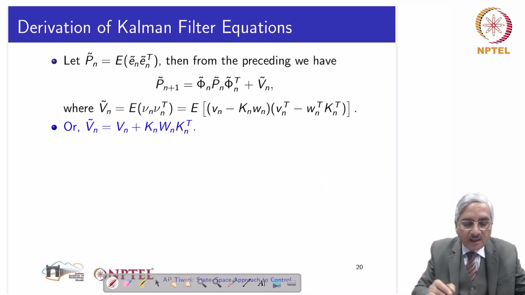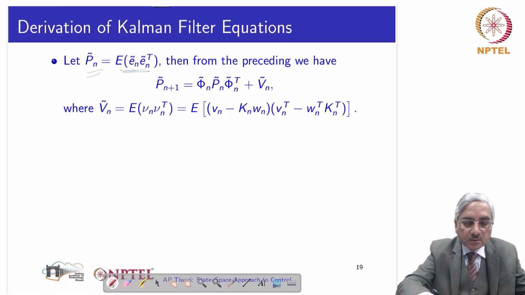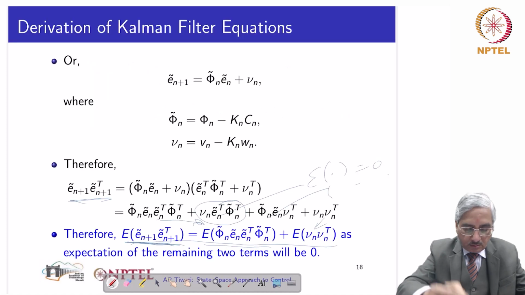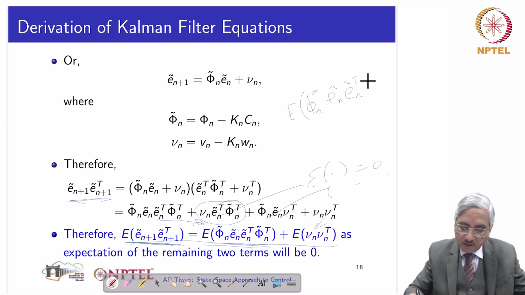So P tilde at the n plus 1th moment is phi n tilde, Pn tilde, phi n tilde transpose. Here what we are doing is expectation of phi n tilde, En tilde, En tilde transpose and phi n tilde transpose.